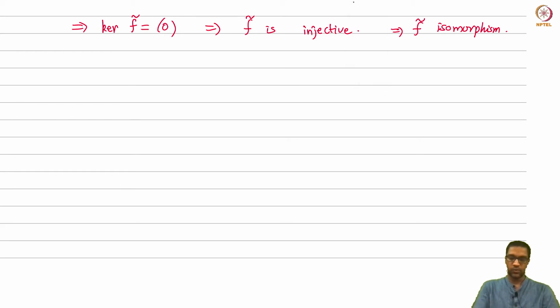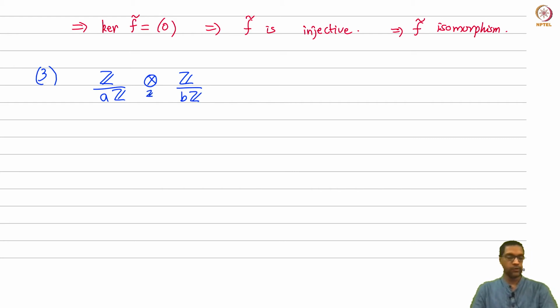Okay, good. So let's look at another problem, which is to understand the tensor product of abelian groups. So suppose I take cyclic groups, sorry. If I take two cyclic groups, Z mod AZ and Z mod BZ, imagine A and B are some numbers, at least 1.